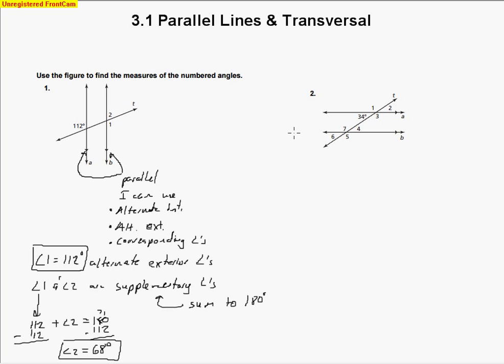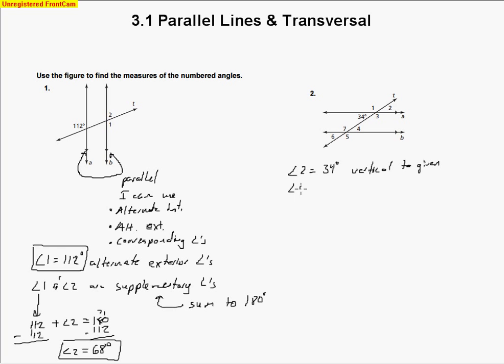So let's take a look at this one. Here it says we got to find all the numbered angles. So we're given this is 34. So I could say that angle 2 equals 34 degrees because it is vertical to the given angle.